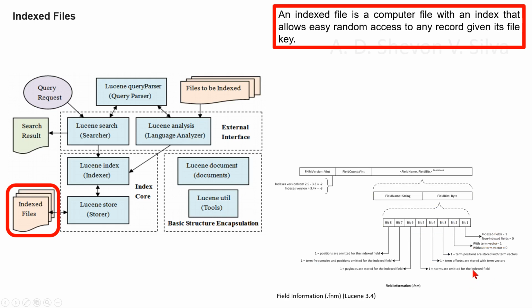Now we are considering the field information file, .fnm. The field info file with the suffix fnm records the index time attributes and field names for every field. Fields are numbered by their order in this file.